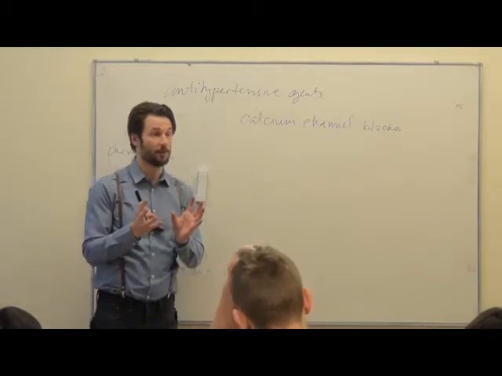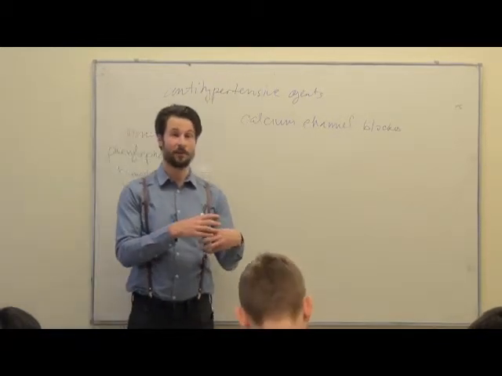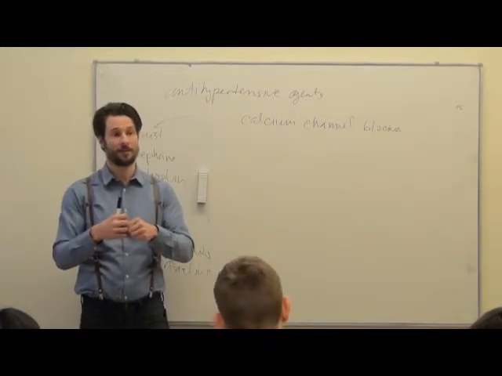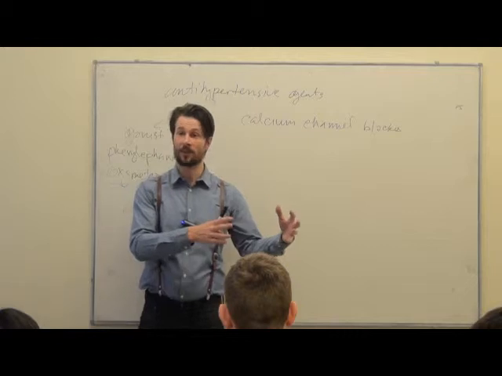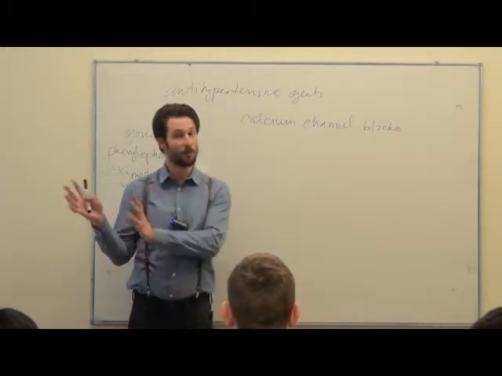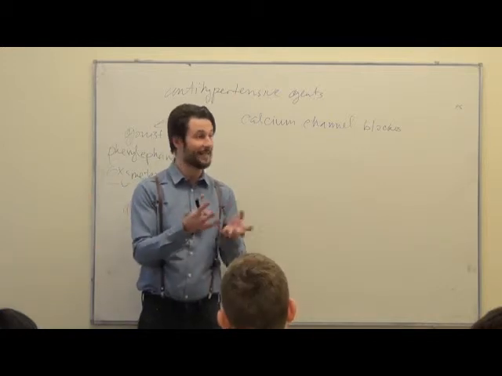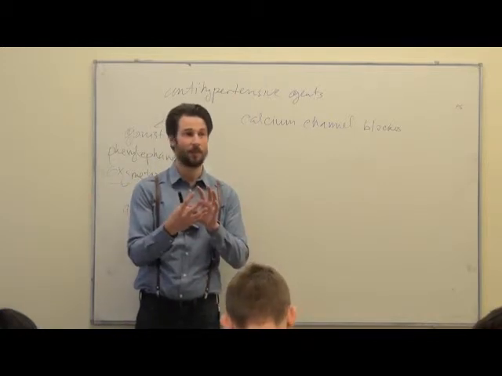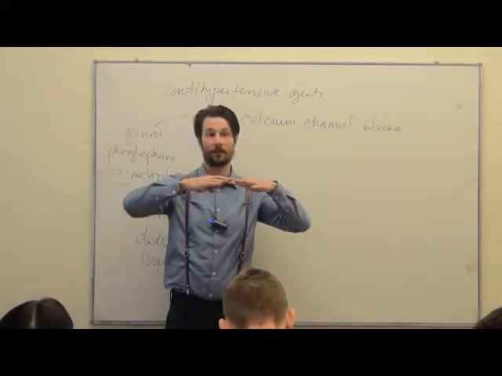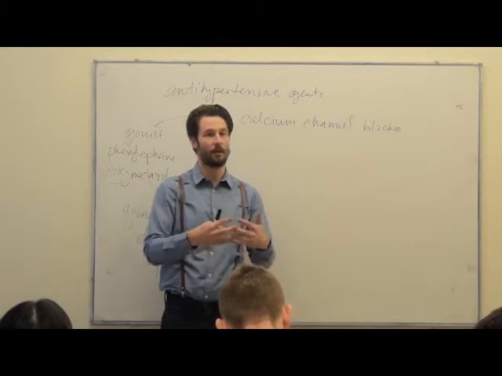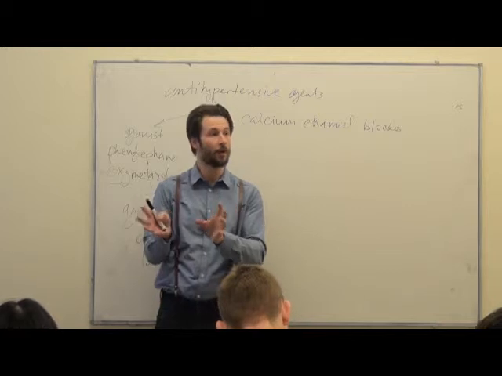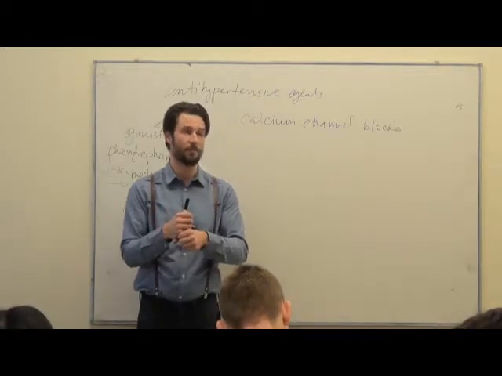Remember that smooth muscle, and to some extent cardiac muscle, requires extracellular calcium for it to contract, unlike skeletal muscle, which gets all the calcium that it needs from the inside. So if we block the calcium channels on the membrane, we can decrease either heart rate or the strength of contraction or the contraction of smooth muscles in blood vessels.